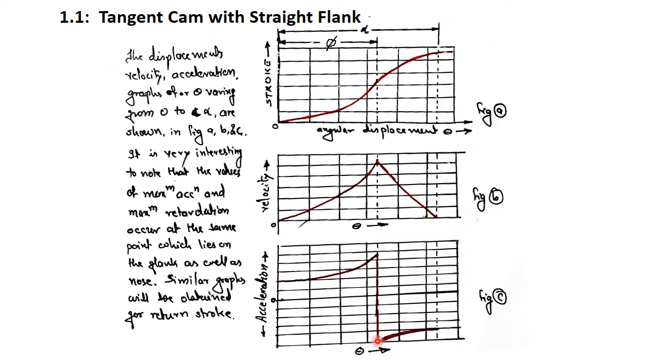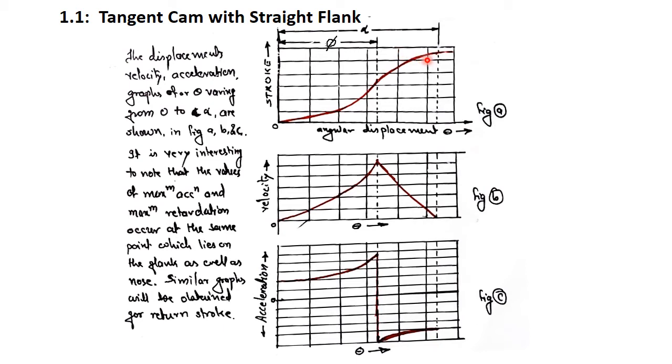So this is a sudden change in acceleration, and we can say that when the follower moves from the surface of flank to the surface of nose, it observes a sudden jerk at this position, and then acceleration increases and reaches some negative value when it reaches point H, that is, when the angle turned by the cam reaches alpha.